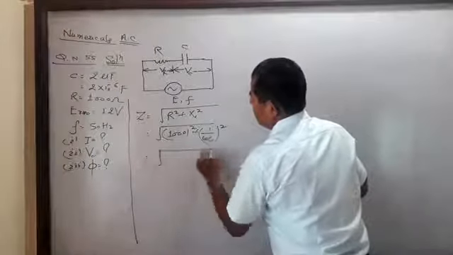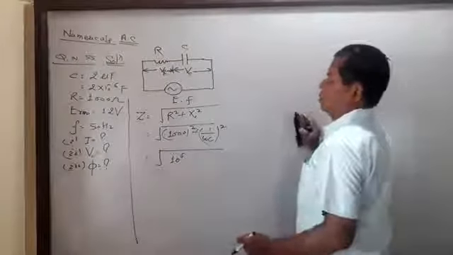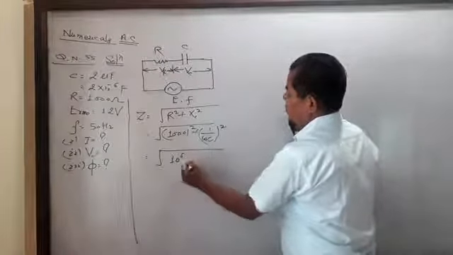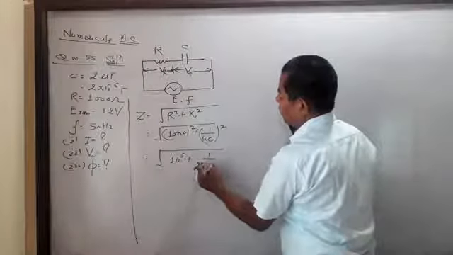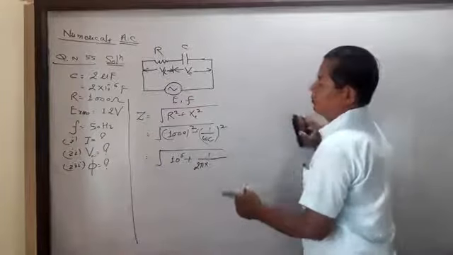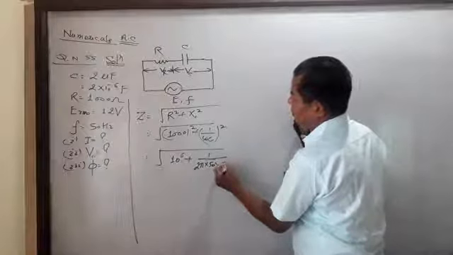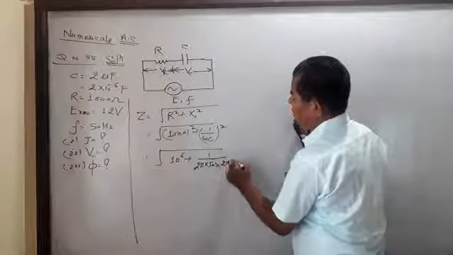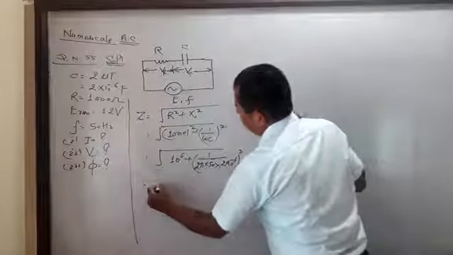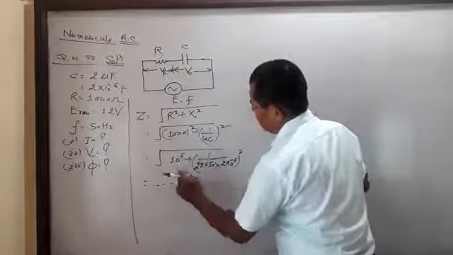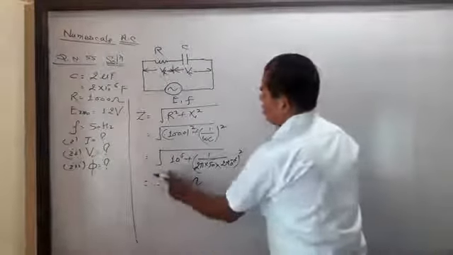That is 1000, or 10 to the power 3, whole square, plus 1 by 2 into pi into f, where f is 50, into C, where C is 2 into 10 to the power minus 6, whole square. Then we can find the value of impedance in ohm.